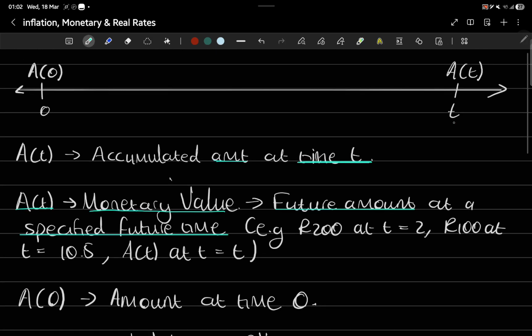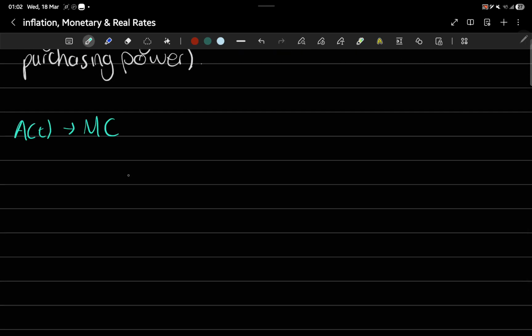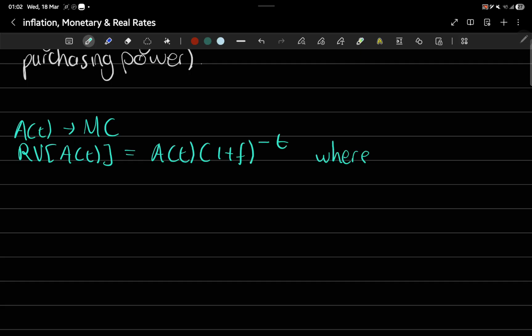And so the real value equivalent of time t, we said At is a monetary cash flow. The real value equivalent of At would be At times (1 plus f) to the minus t, where f is the annual inflation rate.